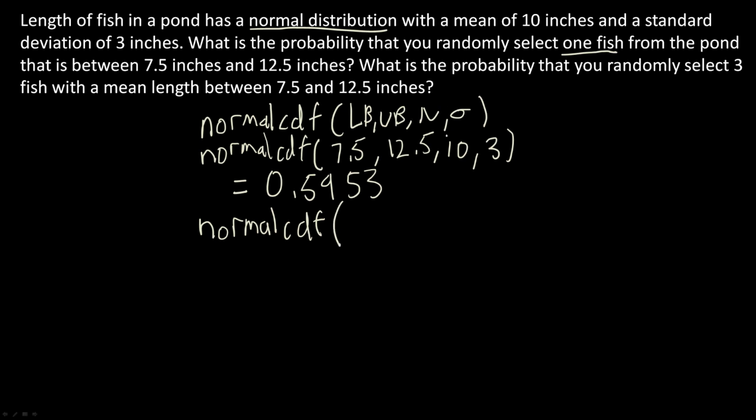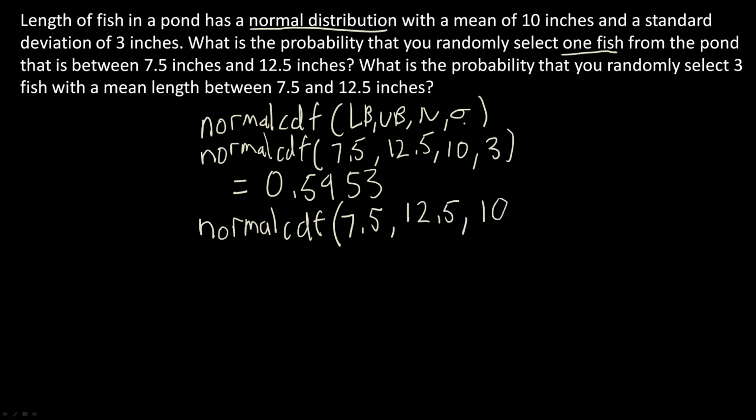However, the sampling distribution has different parameters from the population distribution. Although the mean stays the same, because the first rule of sampling distributions is that the mean of the sampling distribution is equal to the mean of the population distribution, so 10 stays the same. And the lower bound and upper bound are still 7.5 inches and 12.5 inches, so we can fill those in right now, 7.5 and 12.5, and the mean of 10 inches.